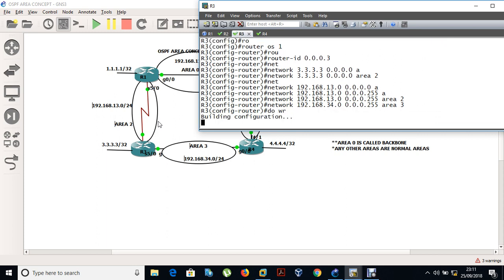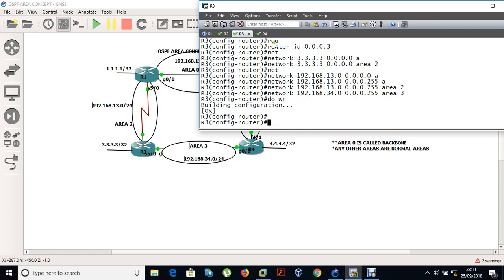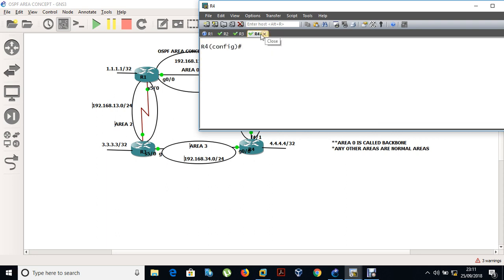Okay, let me go to... I think I didn't configure these two interfaces, so I will come back for it.